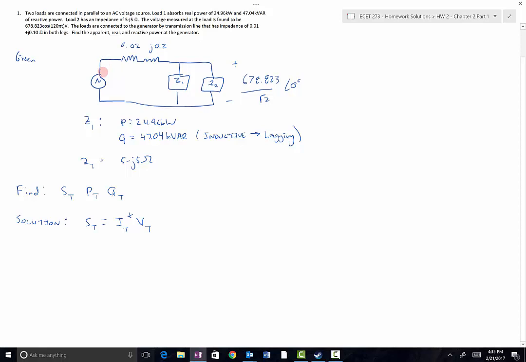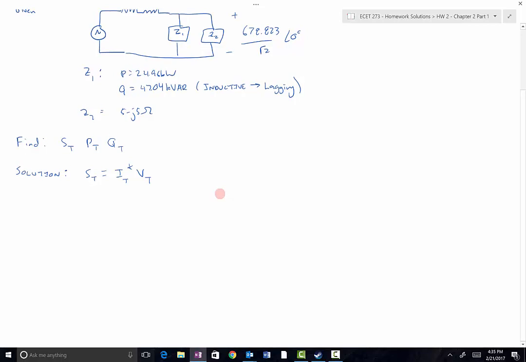Another reason to take that approach is because if I want to know the voltage here, I just have to take the voltage at the load and add the voltage drop across these two elements there. So it's a reason to start with solving the current. So that's going to be the circuit approach that we're going to use.